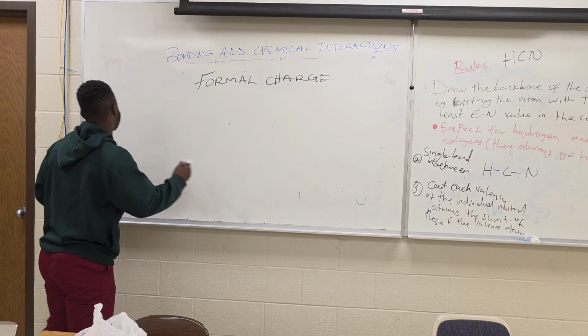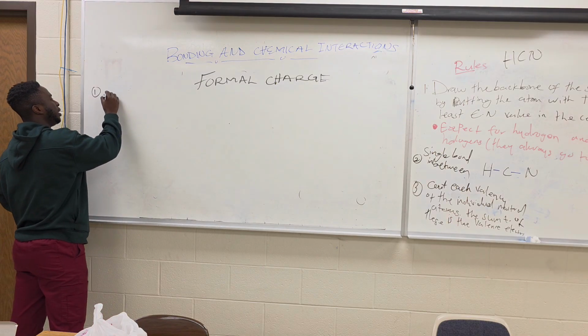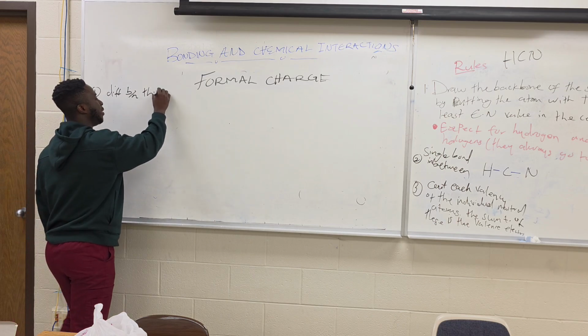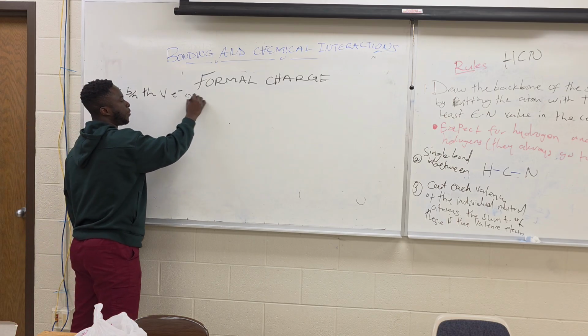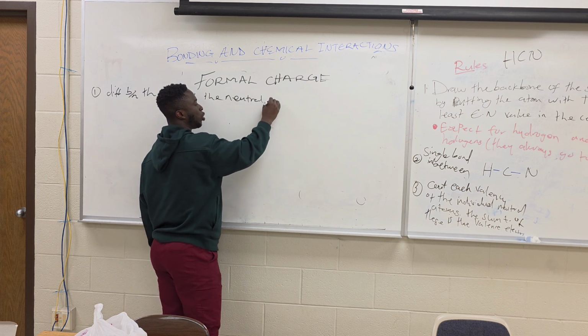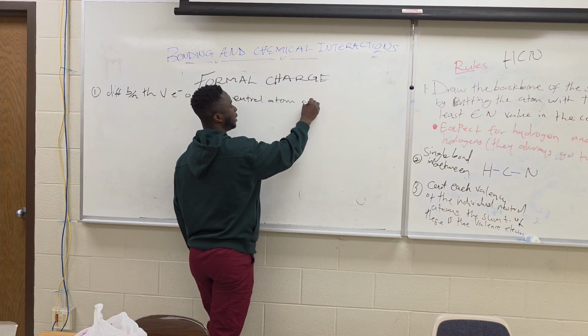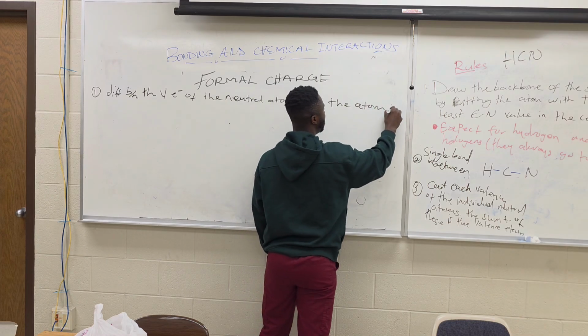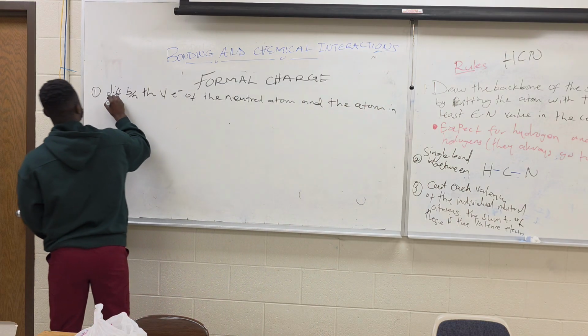The formal charge, number one, could be the difference between the valence electrons of the neutral atom and the atom in the bond.